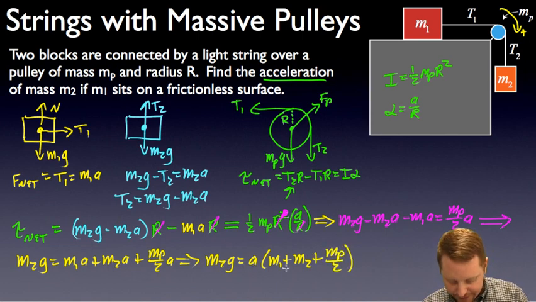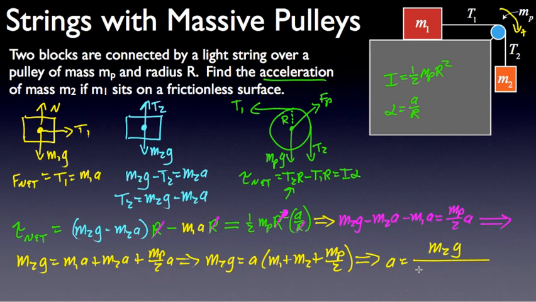Now to get a by itself, if I divide both sides by this quantity, m1 plus m2 plus mp over 2, I come up with an acceleration of m2g over m1 plus m2 plus mp over 2.